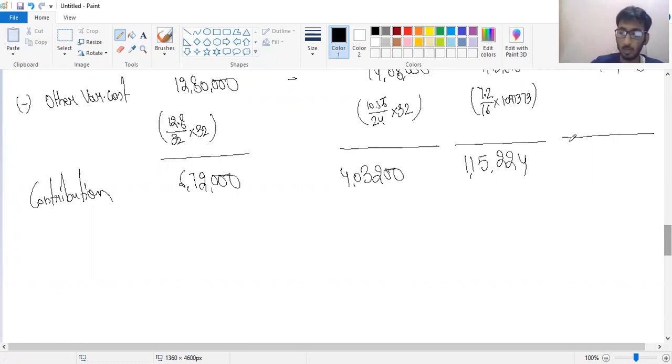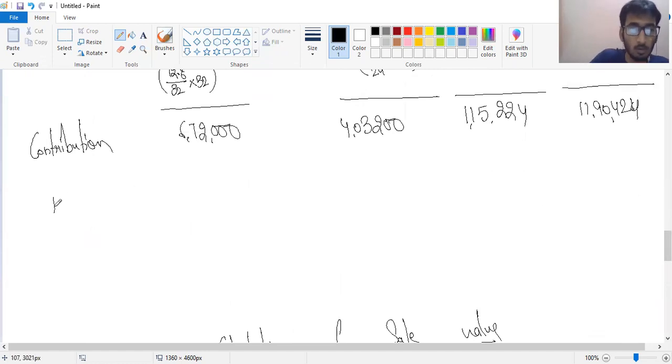Now it is 1190,424. Okay. Now what is left? So basically fixed cost is left now. So is there any change in the fixed cost? Actually, nothing is given about the fixed cost. So fixed cost would be same as earlier.